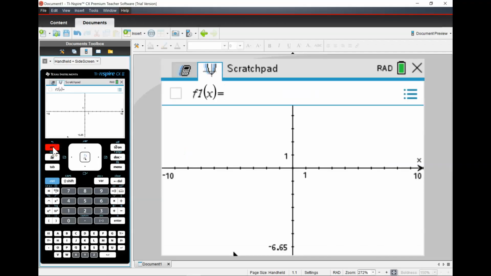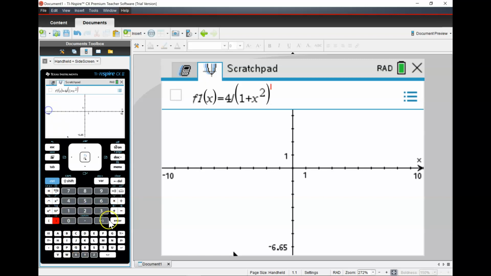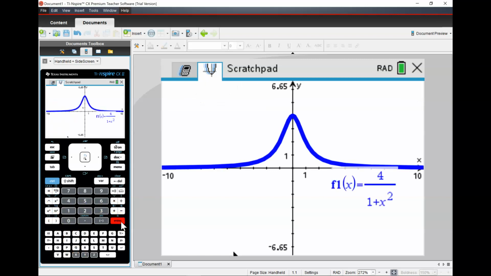Okay, so let's go. Let me do this one. I'm going to do B. 4 over 1 plus x squared. That's what that looks like. And we're going to go from 0 to 1, right?